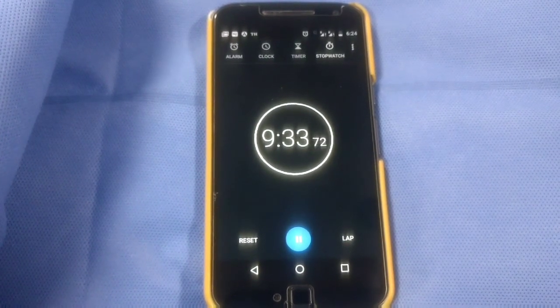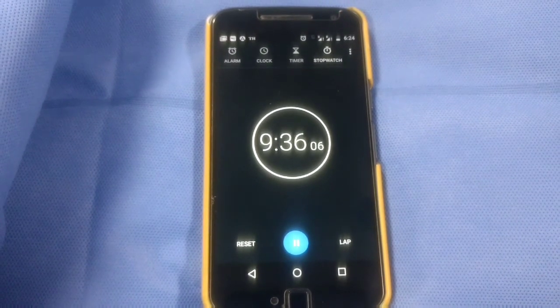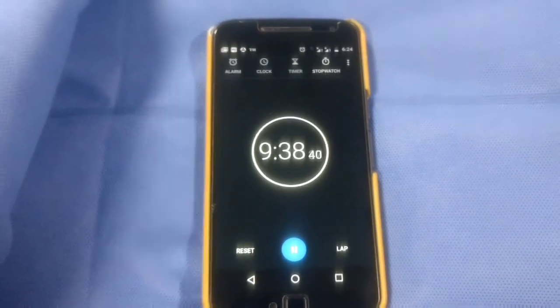If the patient's vitals are stable enough, then you can consider continuing until 15 minutes.